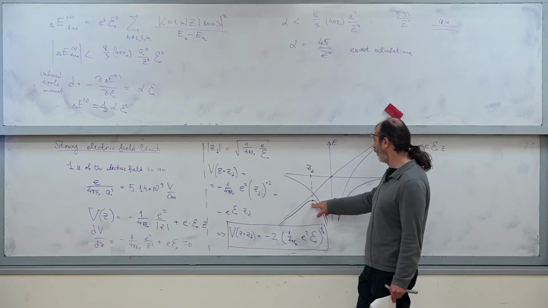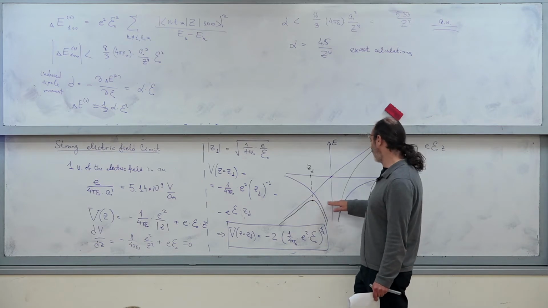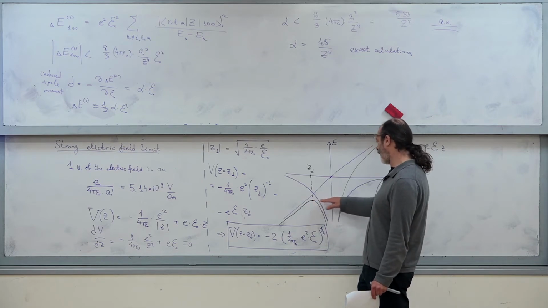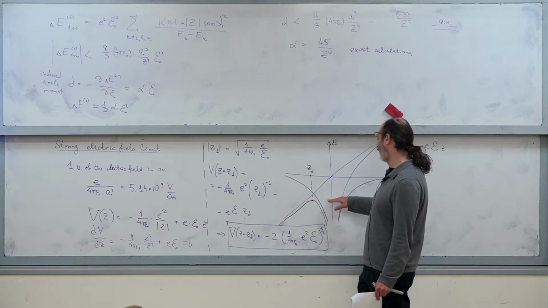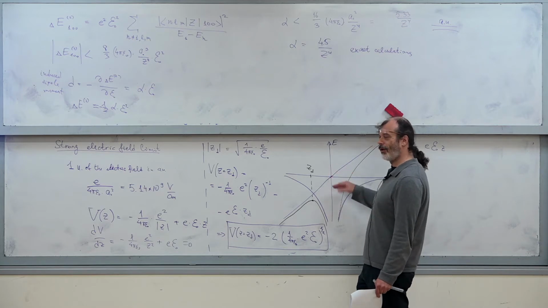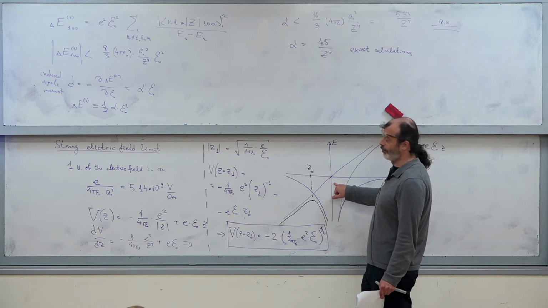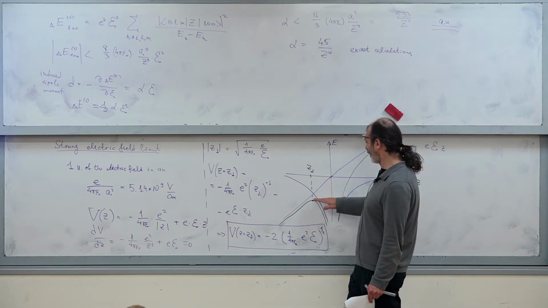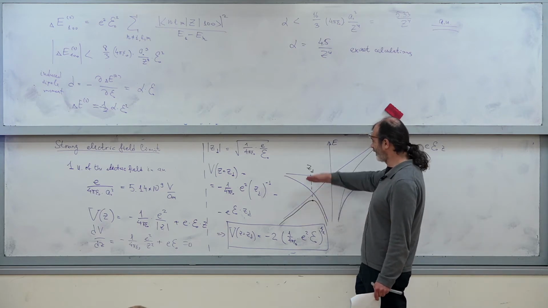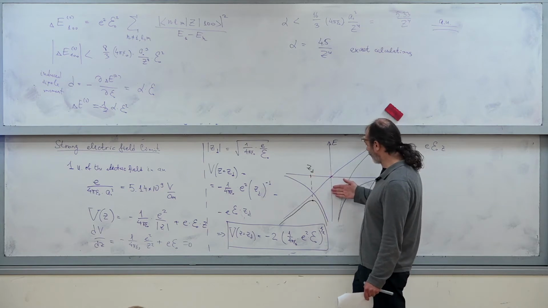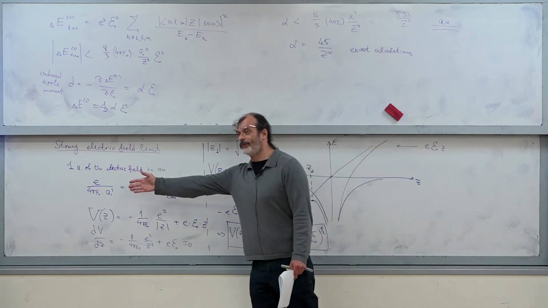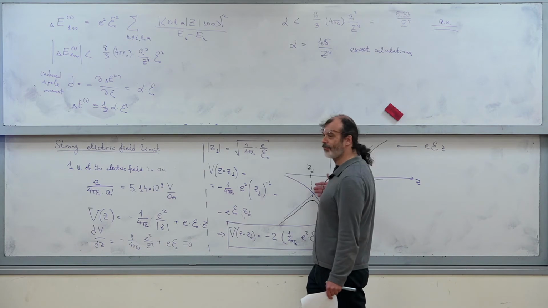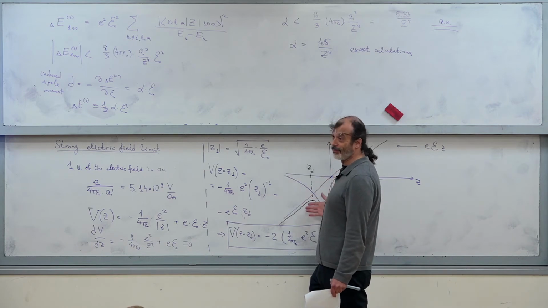So this saddle point actually says where the line is above which all these energy levels become unbound, because this essentially brings you to the continuum, right? Above this saddle point, the electron can escape to infinity. It can go because the energy of the electron is larger than the potential.